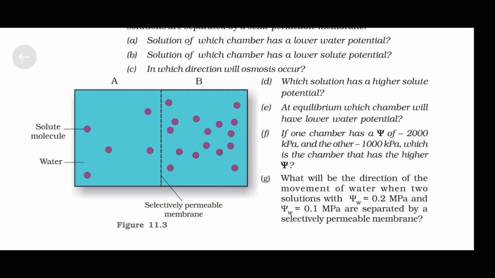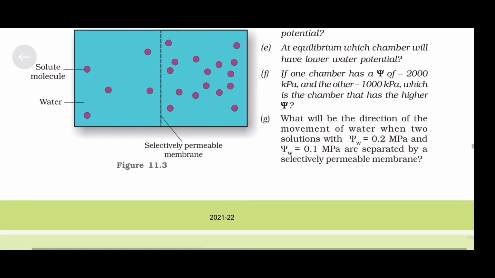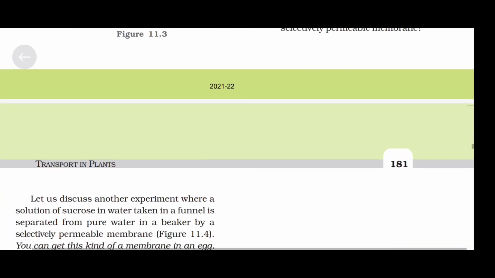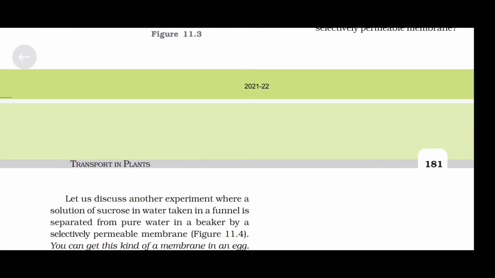What will be the direction of the movement of water when two solutions with psi W equal to 0.2 megapascal and psi W equal to 0.1 megapascal are separated by a selectively permeable membrane? So go through the chapter and try to answer these questions.